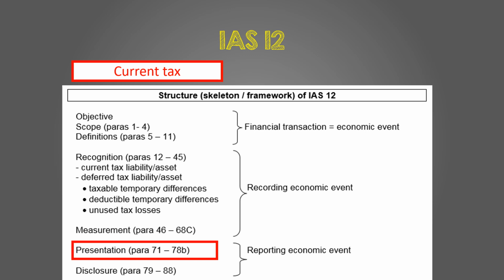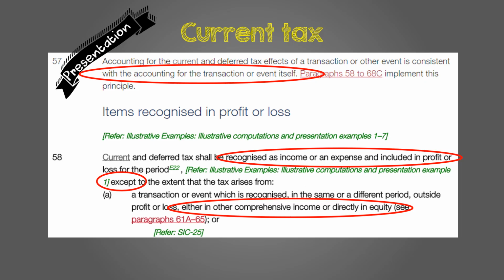Okay, next we look at presentation. And here I want you to look at paragraphs 57 and 58. Now you'll see in paragraph 57, they tell us that accounting for the current and the deferred tax effects of a transaction is consistent with the accounting for the transaction or the event itself.